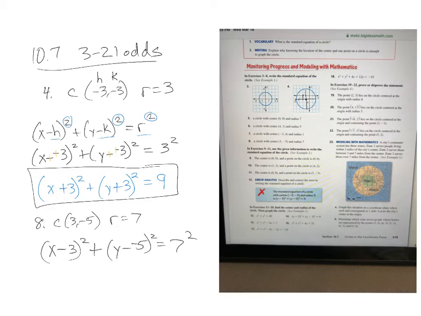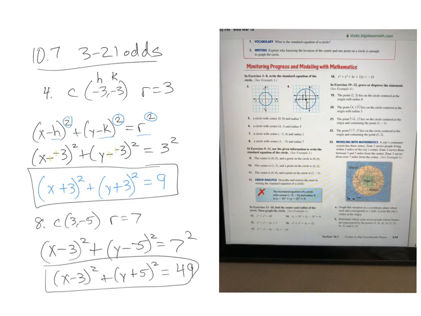So ultimately, the answer is x minus 3 squared plus y plus 5. You have to do a change on that. Squared equals, and you actually write 49. Don't put 49 squared. This is 7 squared. It's just 49. And then that is your answer.